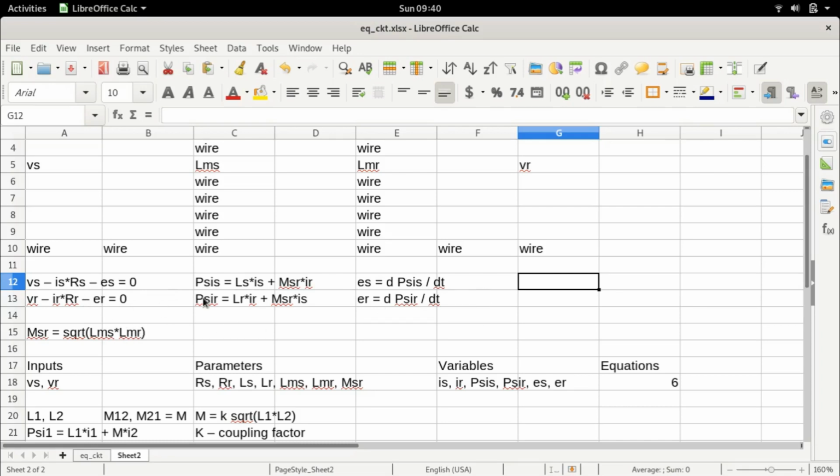Since the induced EMF is the derivative of the flux linkages, the flux linkages in turn can be expressed as a function of the stator current and the rotor current. So now there is a very nice linkage between all these three sets of equations. This is usually what is required, because in any simulation model the variables must impact each other, and that impact can only happen when the equations themselves are interlinked.